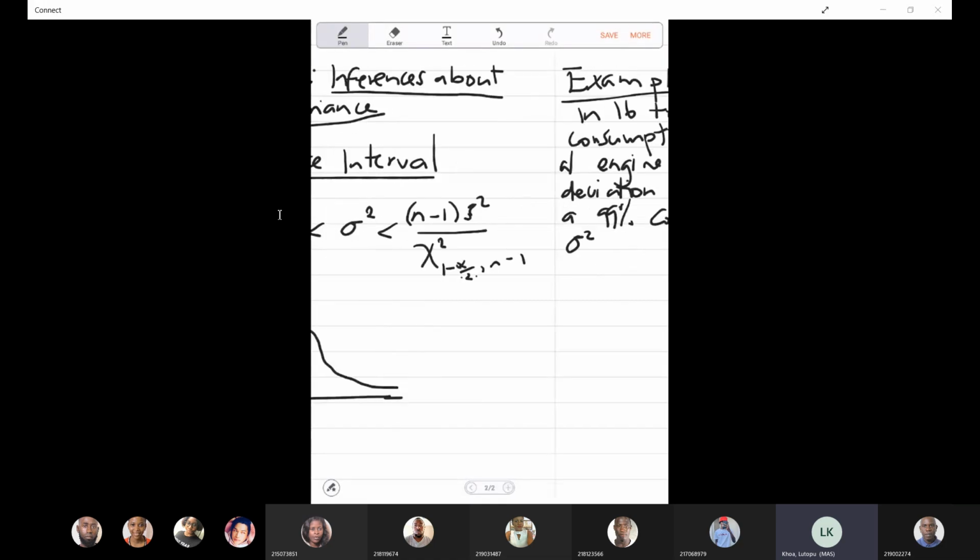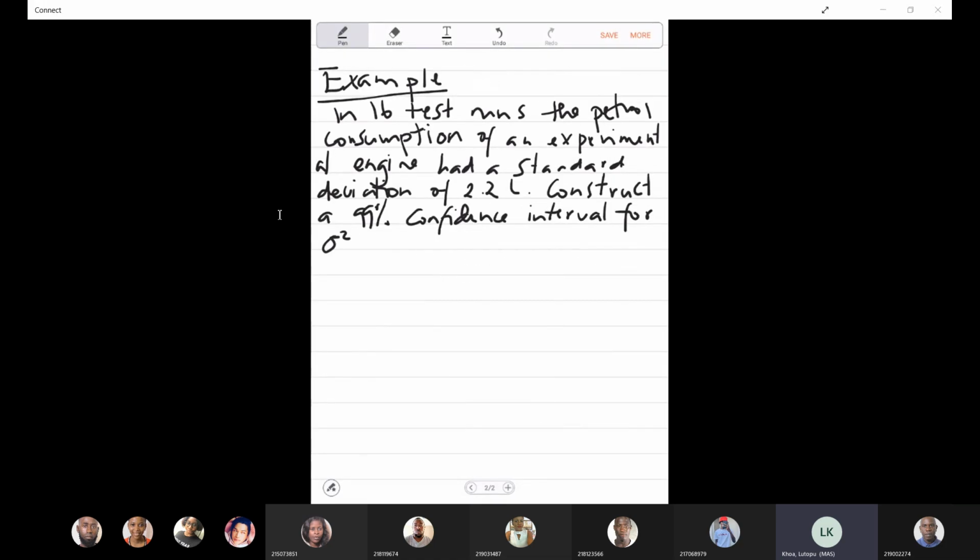Okay, then sigma squared, then we are measuring the true variability of the petrol consumption.